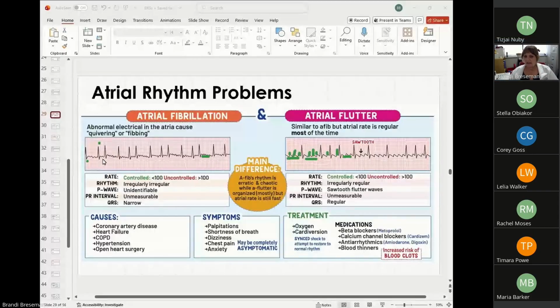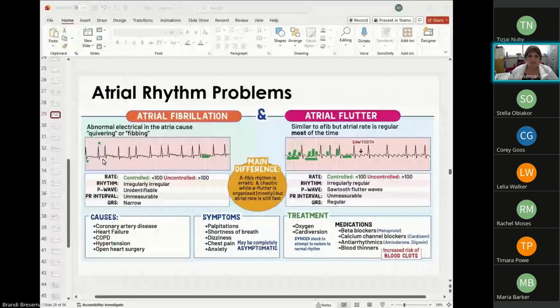So what can cause these things? Well, coronary artery disease can cause atrial fibrillation or flutter. Heart failure is a common cause of either of these. Atrial fibrillation is way more common than atrial flutter.